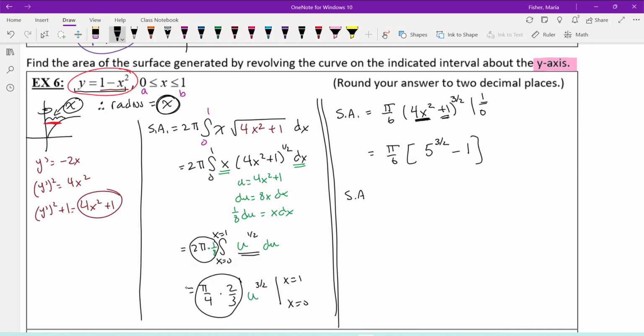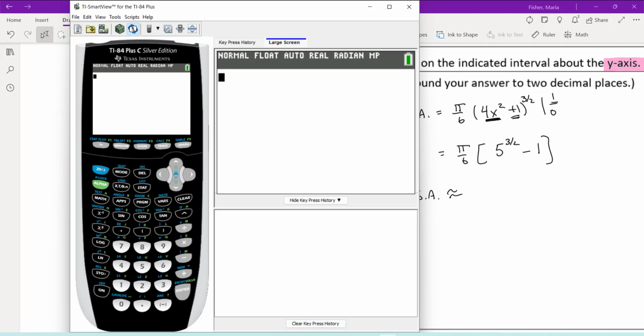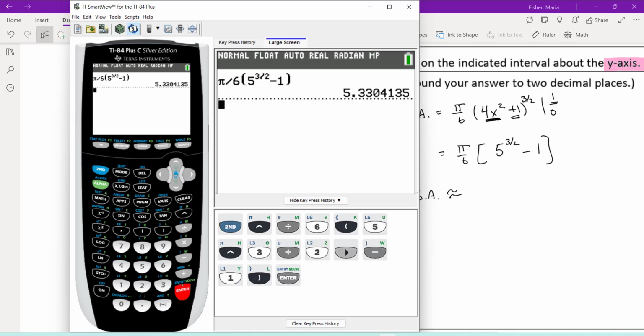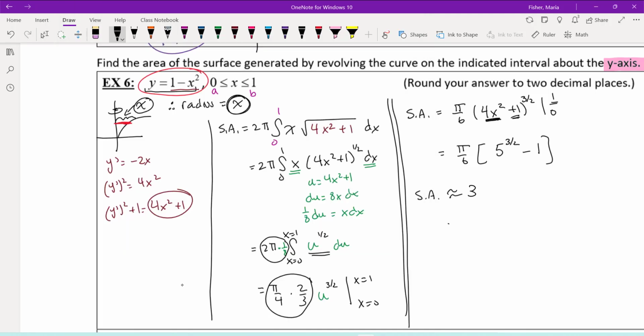Putting that into a calculator and rounding to 2 decimal places, we would have pi divided by 6 times 5 to the 3/2 minus 1. And to 2 decimal places, that would be 5.33. So our surface area there is 5.33.